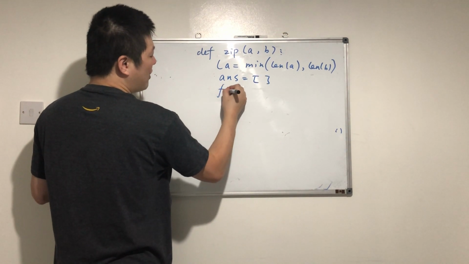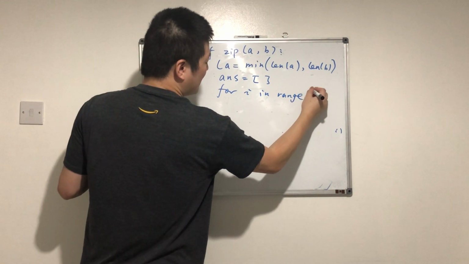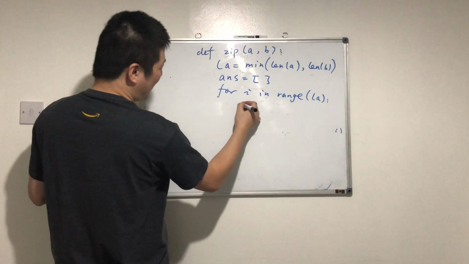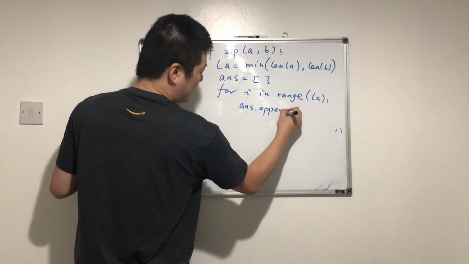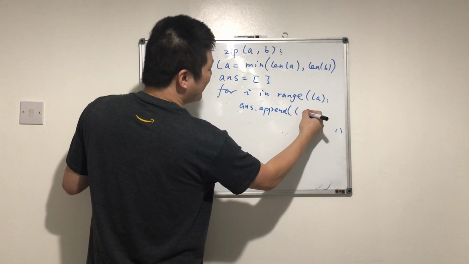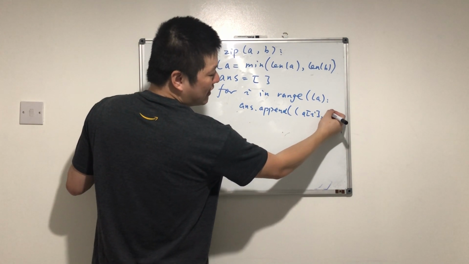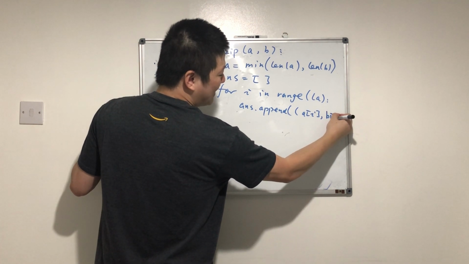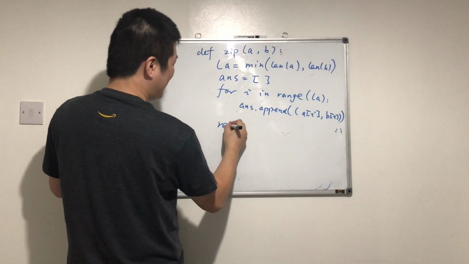For I in range LA, the answer dot append a tuple: A I, comma, B I. And then return what?